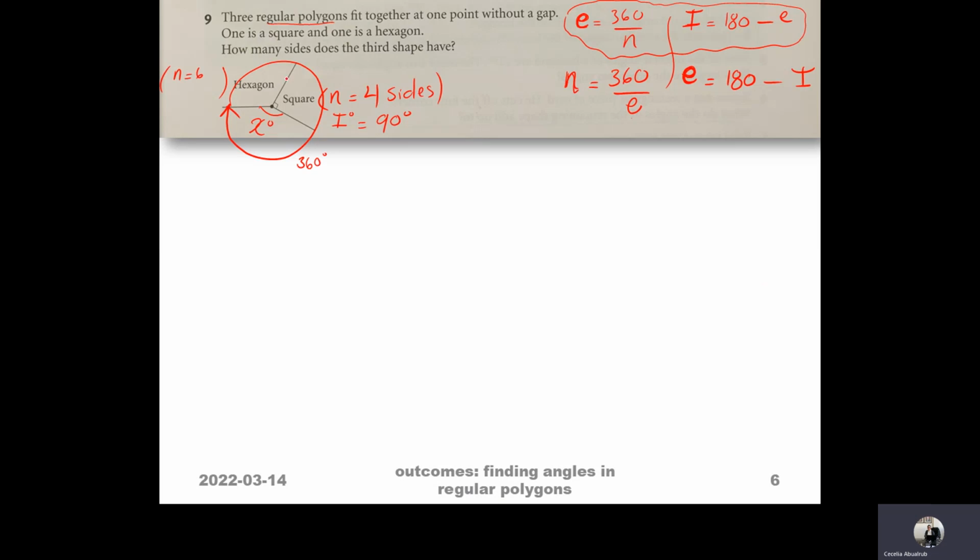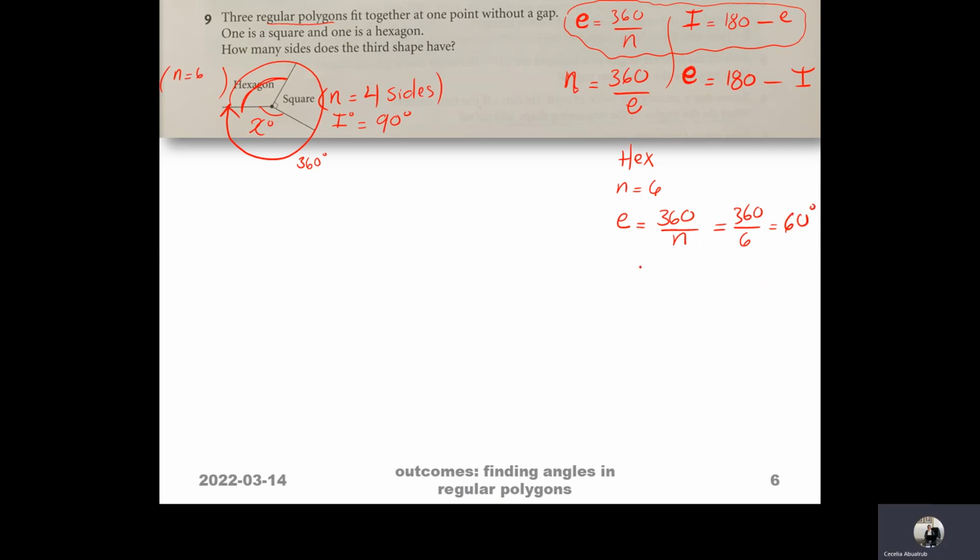Okay? Now, if you don't remember the interior angle of a hexagon, we're going to talk about the hexagon on its own first. So N is equal to 6. Okay? And we're going to use the first formula. E is equal to 360 over N, which is equal to 360 divided by 6, and the answer will be 60 degrees.